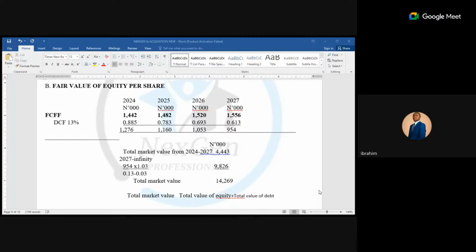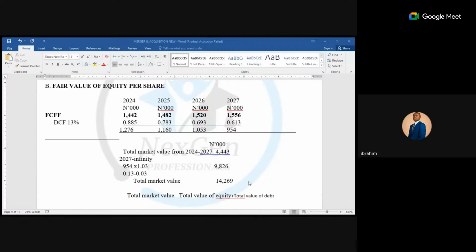we have to discount, get your total value of the company, which includes equity and debt. Now, how do we get the value of equity per share? Let's calculate the value of debt first, right?